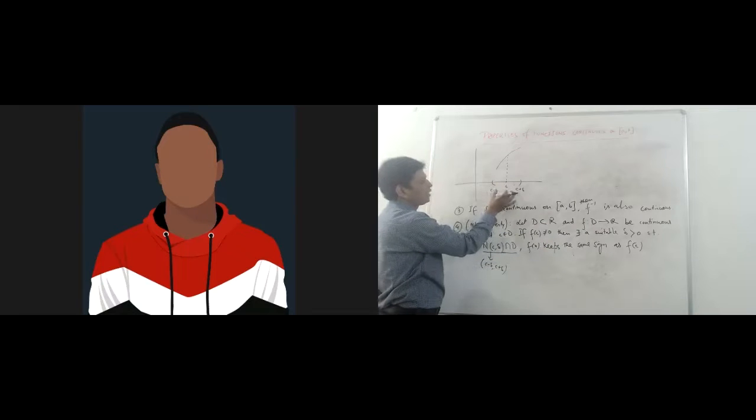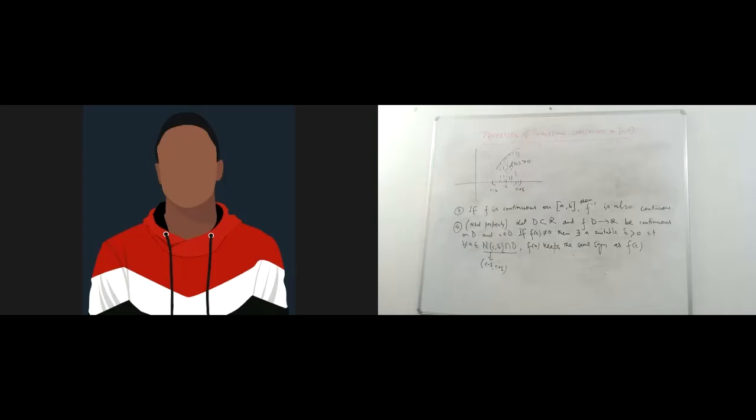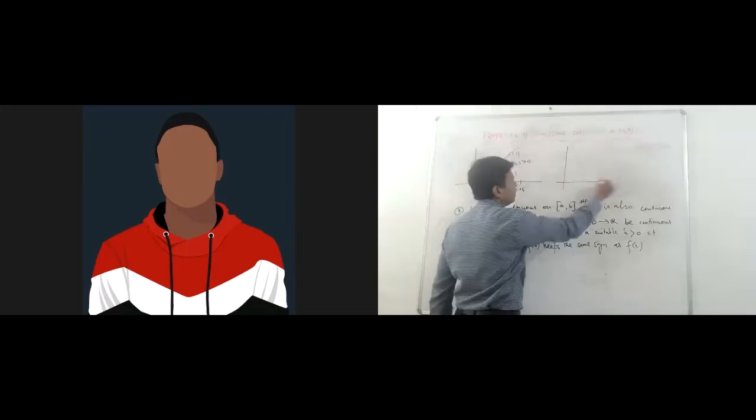Yes, you can find a delta. Your f(c) is positive, and for any x in this interval, f(x) is also positive. If you take the height at any x, those are all positive. This is the property of continuous functions. If it were discontinuous, this property would not be there.